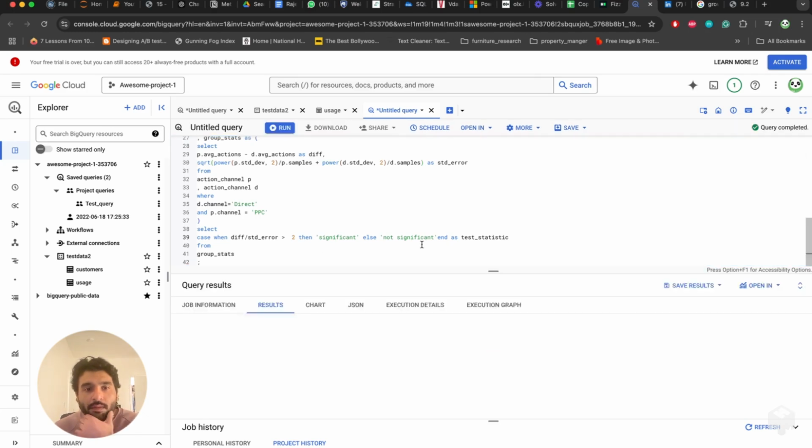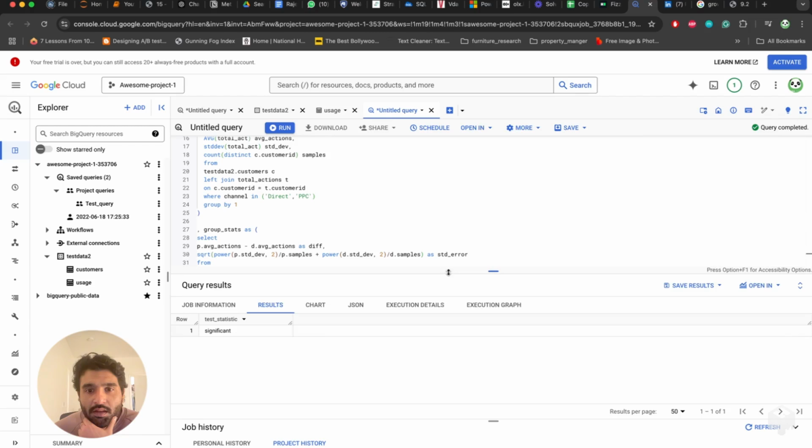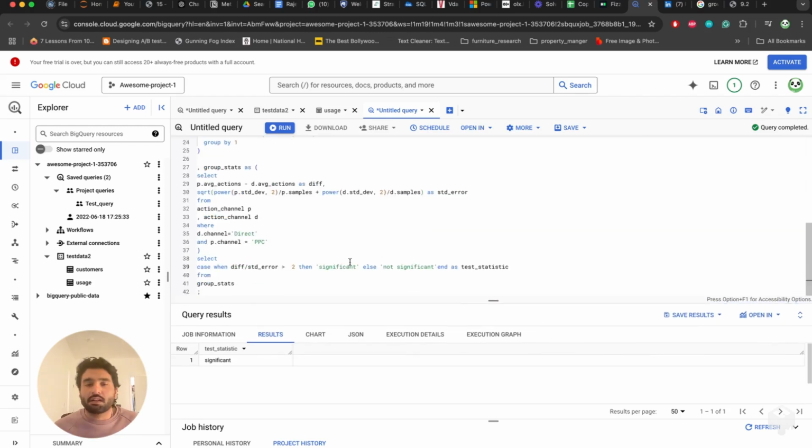Let's see. It should give us that this test is significant. So the difference between these two groups is significant. Now you have just conducted a significance test using SQL.